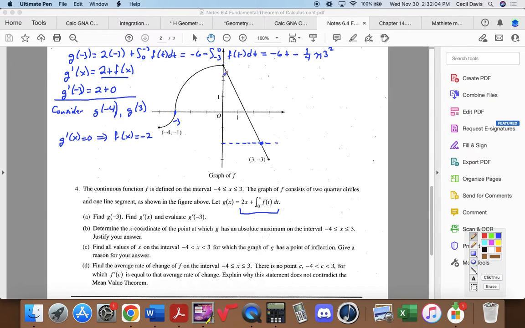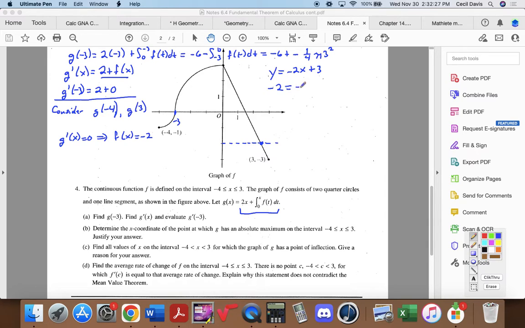So the slope, this goes down 6 and to the right 3, right? So the slope is negative 2. So my equation for that line is y equals negative 2x plus 3. And I want that to be equal to negative 2.